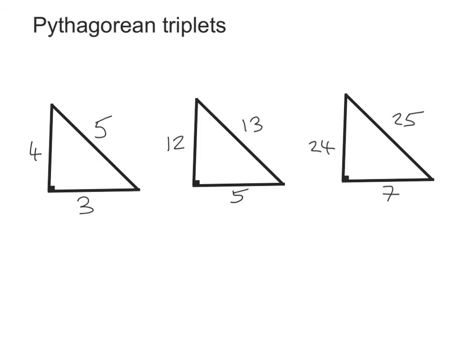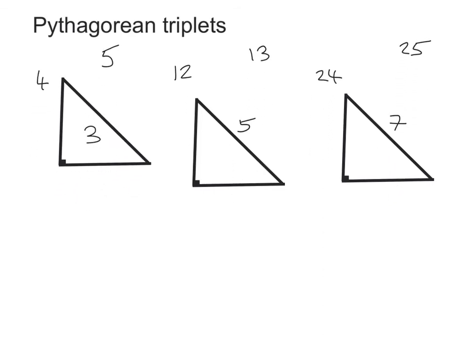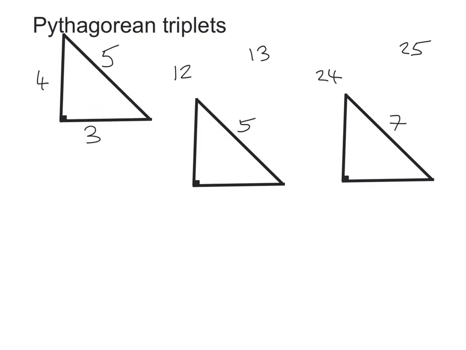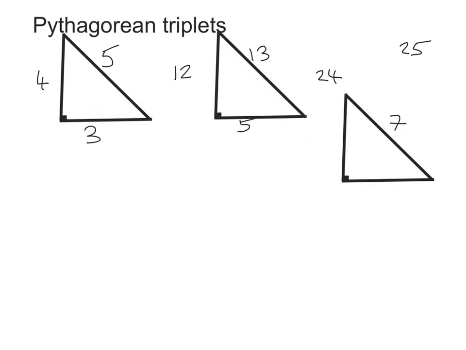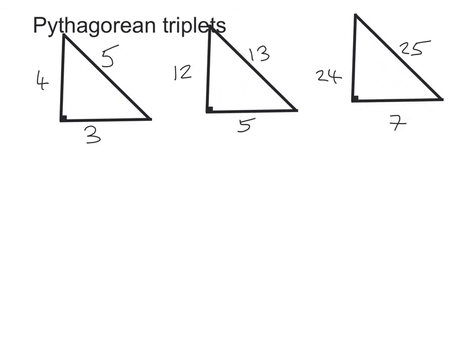Now, as well as those triangles, it also includes any triangle which is a multiple of those. So, for instance, I could also have a 6, 8, 10. So where I've multiplied 3 by 2, 4 by 2, and 5 by 2.